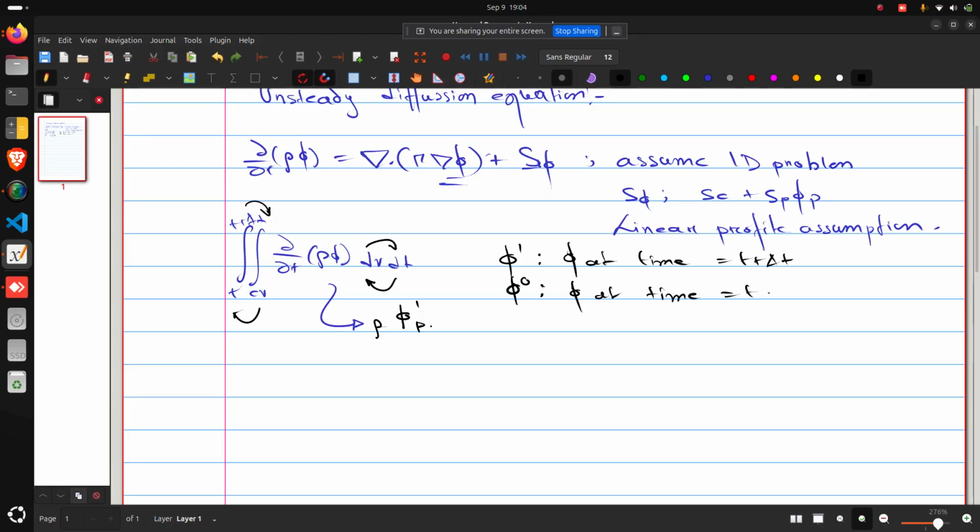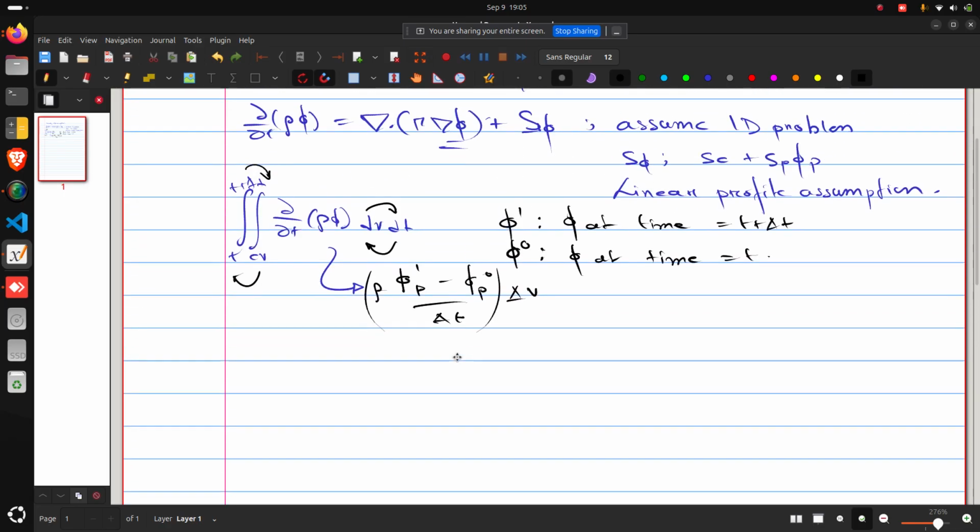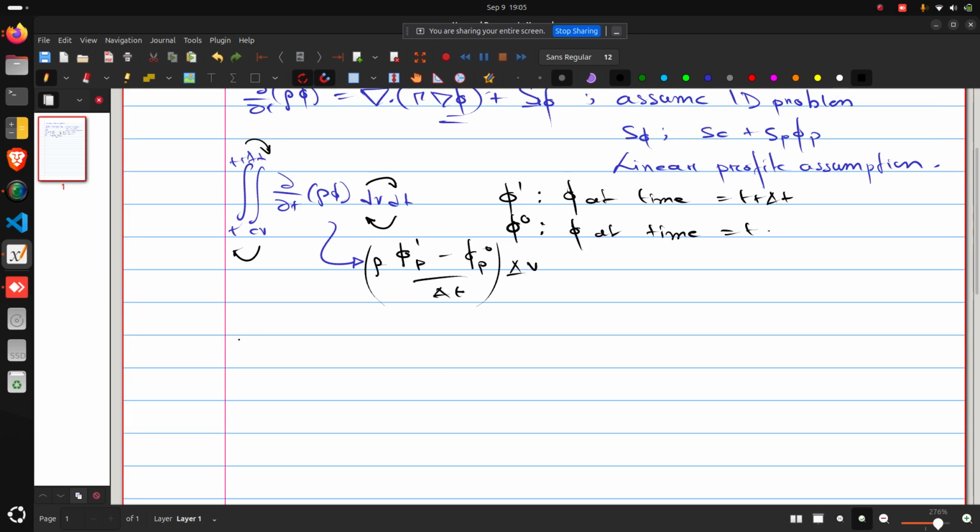So we write it as rho times phi p 1 minus phi p naught by delta t, and the integration over the control volume just multiplies by delta V. So the left hand side is quite straightforward: rho delta V, which in a 1D problem is rho delta x, times phi p 1 minus phi p naught by delta t, right?